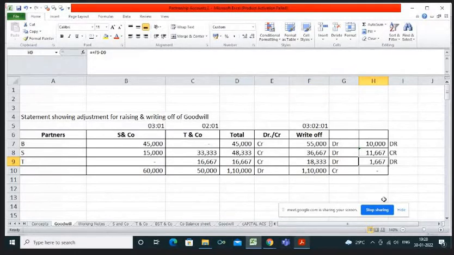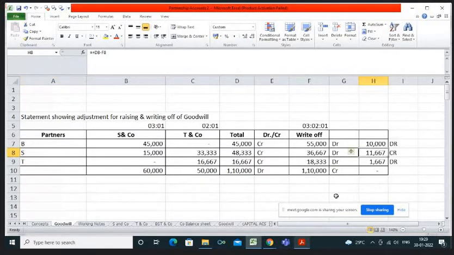So the journal entry we are going to pass in respect of goodwill adjustment is that we will debit B's capital account 10,000, T's capital account 1,667, and the credit goes to S, the total amount of 11,667.